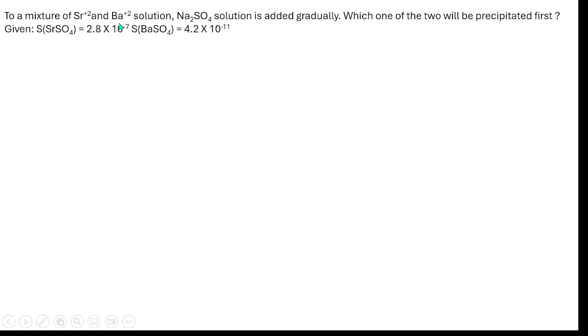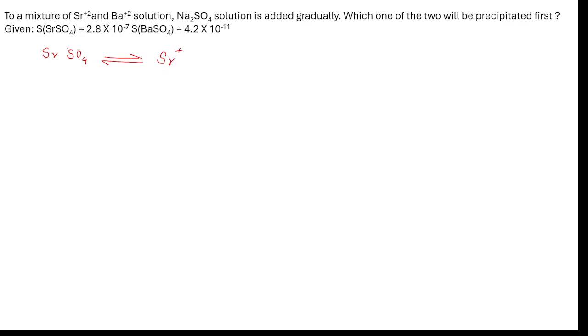So for that we need to write an equilibrium equation, like SrSO4 in equilibrium, because precipitation generally occurs when the point reaches slightly up to the equilibrium value. Precipitation, which is going to start first.